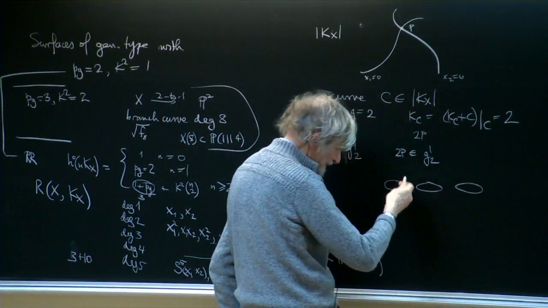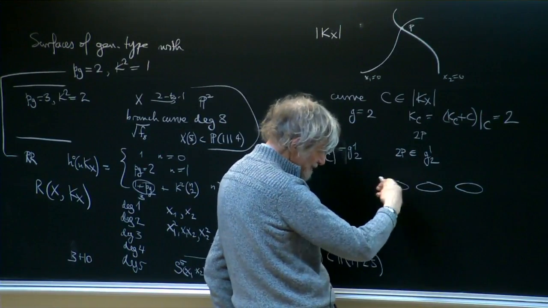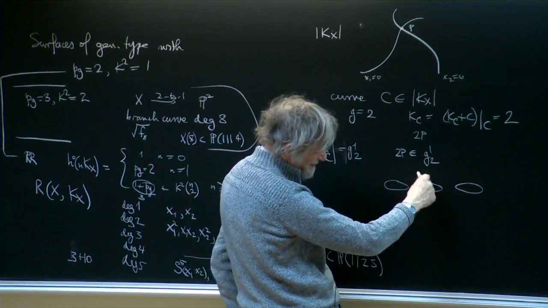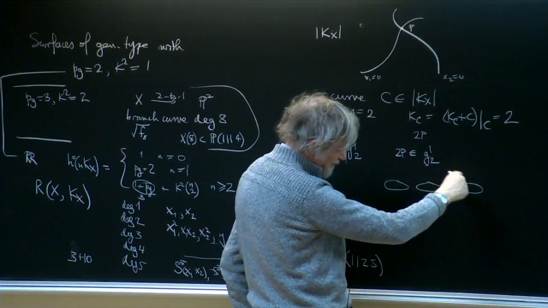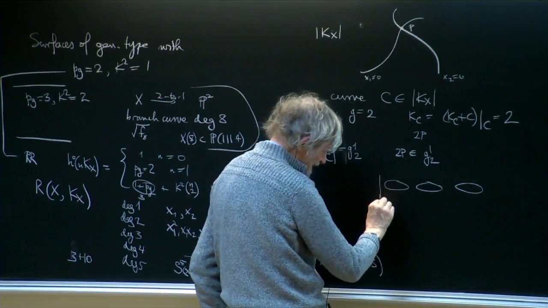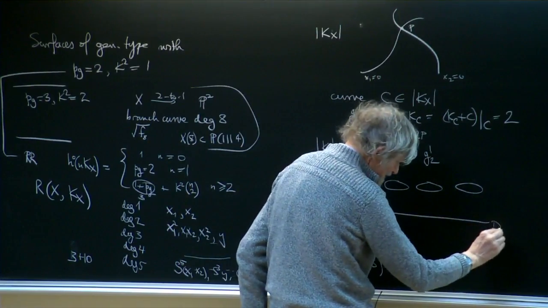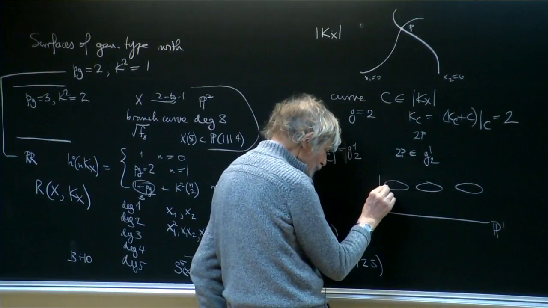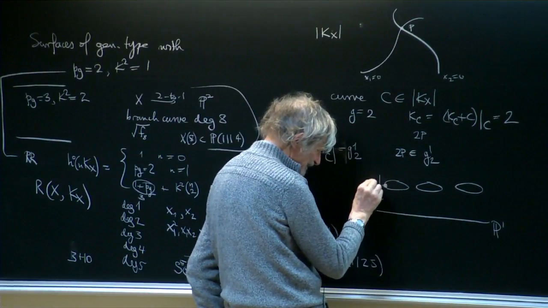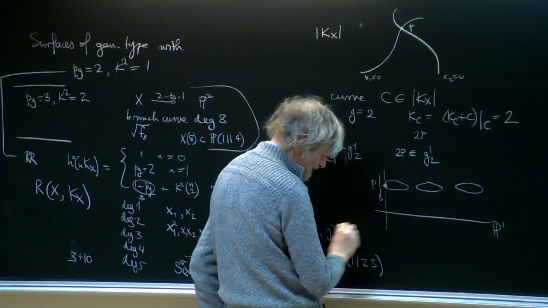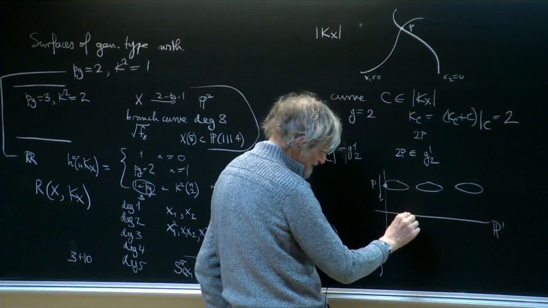This is supposed to be the real part, I'm drawing schematically the real part of a curve of genus 2. It's projecting down to P1. Right, and one of these points is singled out as a branch point, and then there are 5 others.